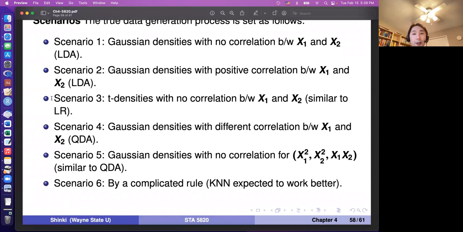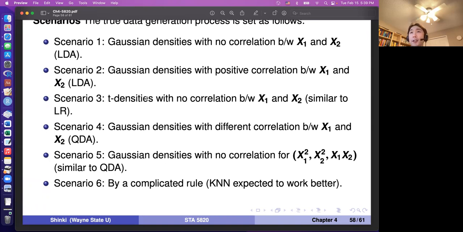And scenario 3, the T densities with no correlation between x1 and x2. So this is really similar to scenario 1, but the densities are slightly different. Generally, the Gaussian distribution has lighter tails than logistic regression.